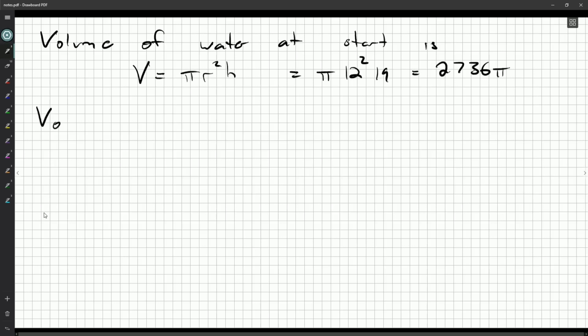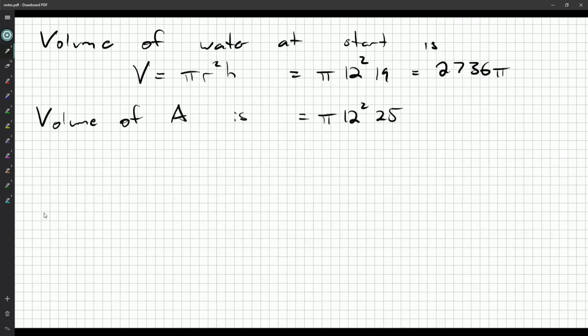Now, the volume of A is something else that is a fixed volume. It's pi 12 squared, but now a height of 25. And that's 3600 pi.